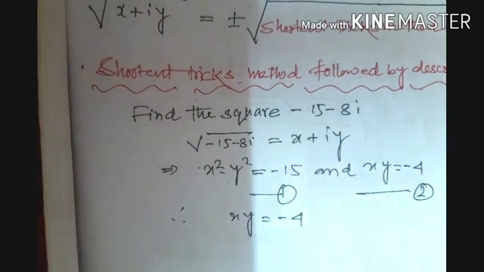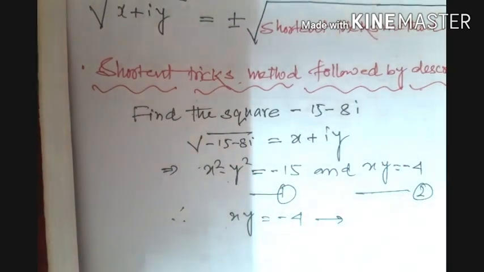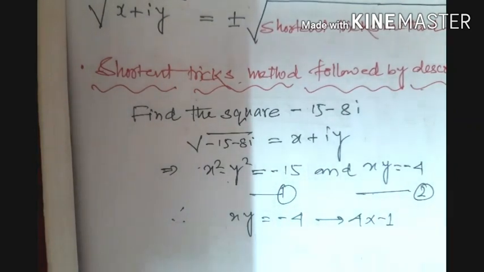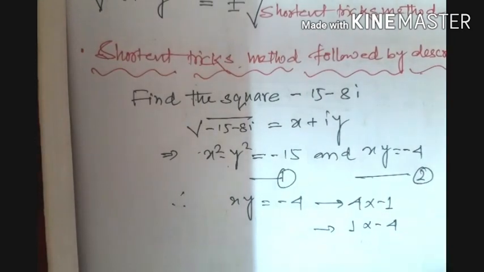So now we have to find the factors of minus 4. You can see easily minus 4 can be expressed in two ways. First way is either you write minus 4 into 1, or you write 1 into minus 4.